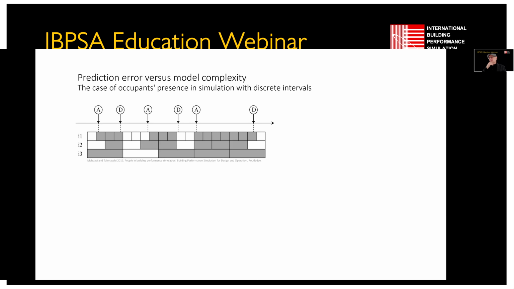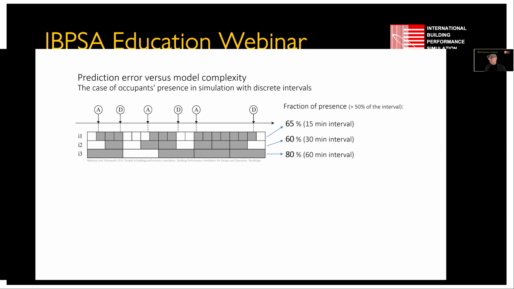In this simple case, let's imagine we have a monitoring system that decides if an interval is occupied by people or not. Let's assume we make a simple rule and say, if during 50% of the interval it was occupied, then we get very different results based on the size of the interval.